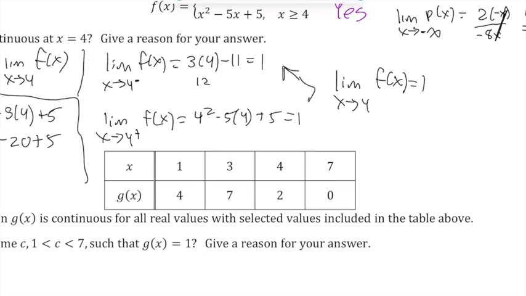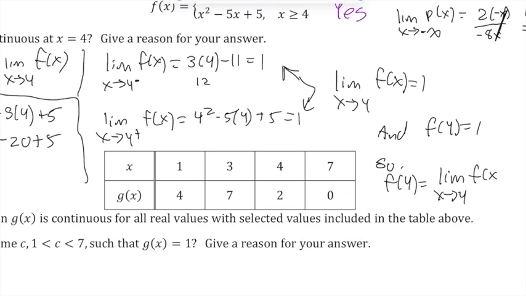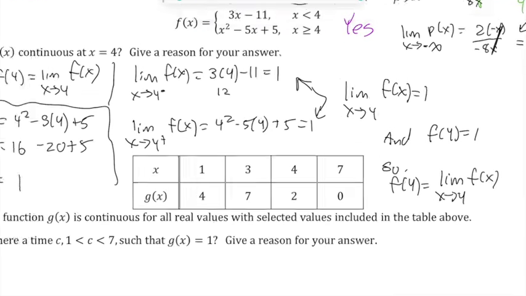All right, both of those, we can conclude that the limit as x approaches 4 of the function is 1, and that f of 4 is 1. So it is continuous. So f of 4 is equal to the limit as x approaches 4. That's true, so it is continuous.